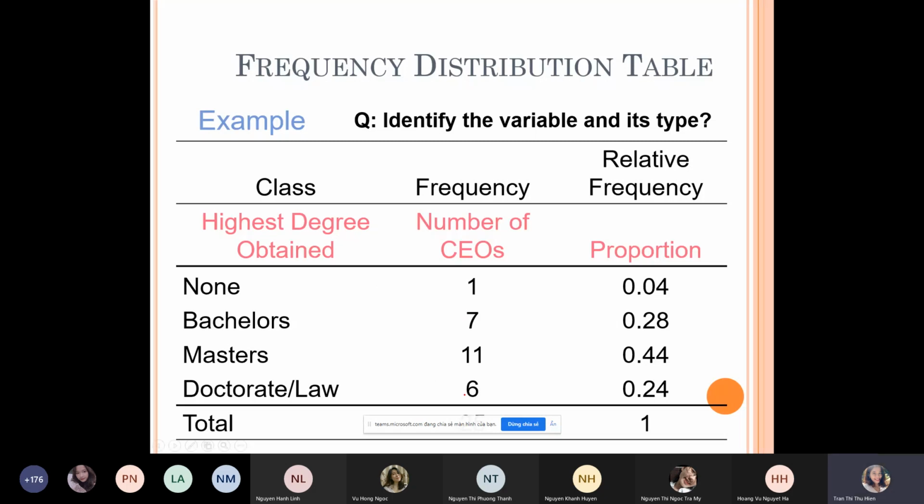After that, you can find the relative frequency, which is the proportion, or the ratio between each kind of class and the whole group.